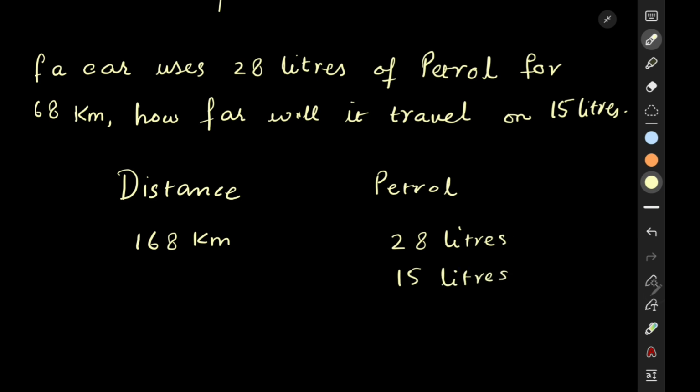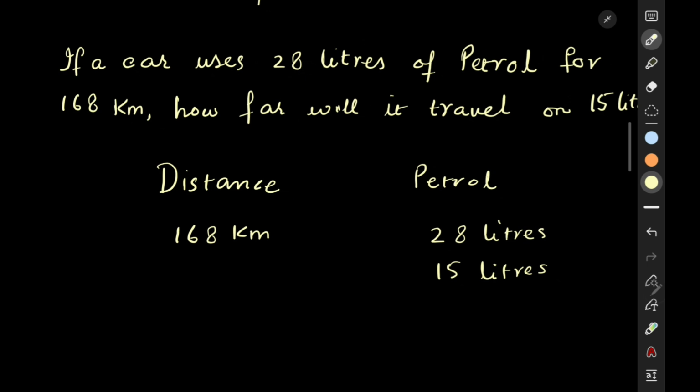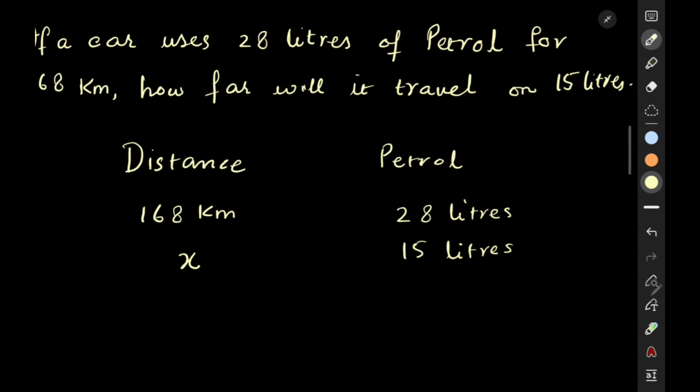So the thing which we have to find is the distance, so we write here x. And now, if the car uses 28 liters of petrol, it covers a distance of 168 kilometers. If it uses 15 liters of petrol, obviously it covers less distance.